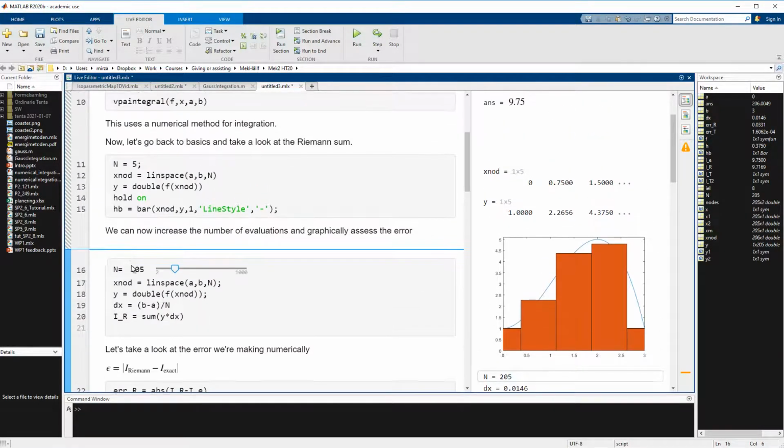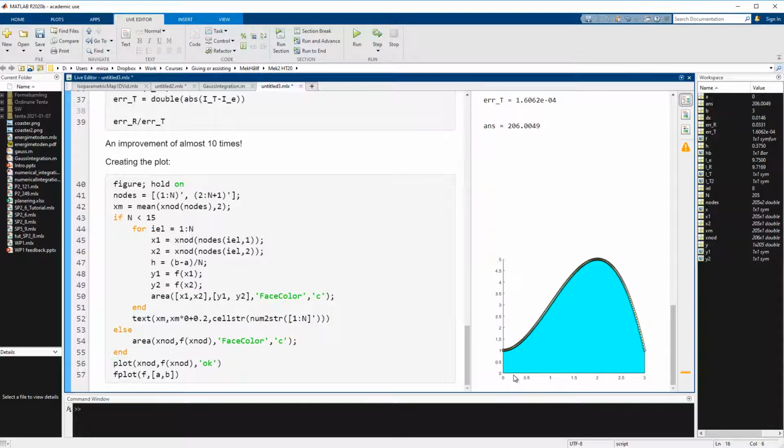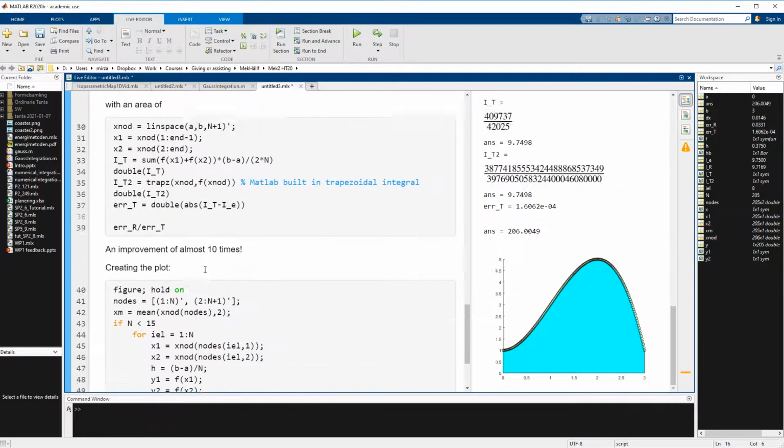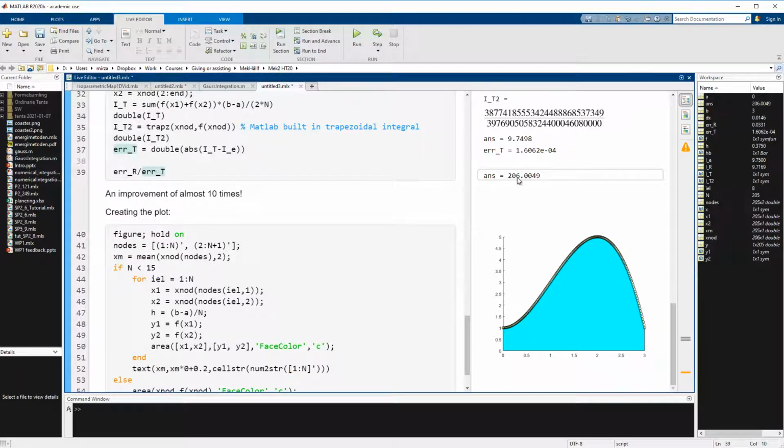So yeah, for 205 function evaluations, this is the corresponding trapezoidal. And you can see here also that for 8 points we had an improvement over the Riemann integral by a factor of 10. Now that factor is actually over 200.